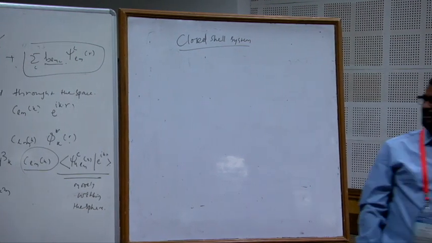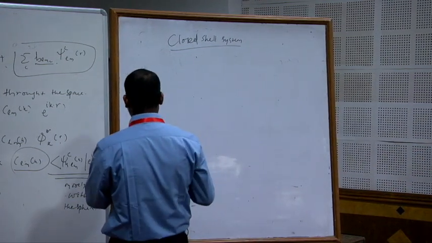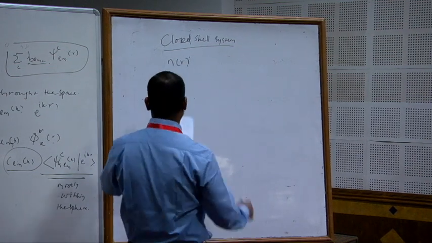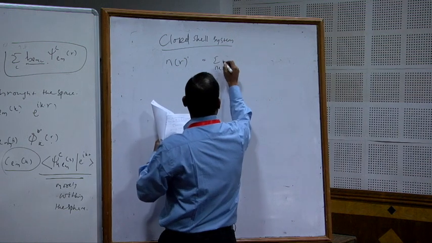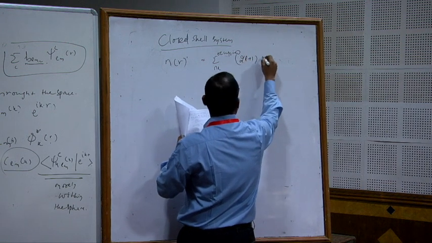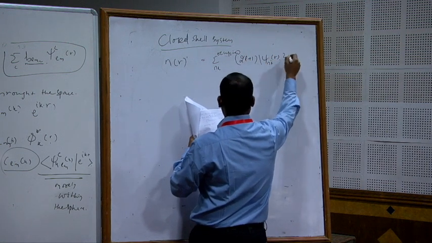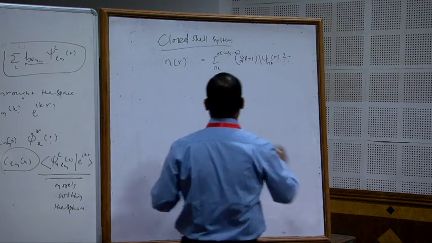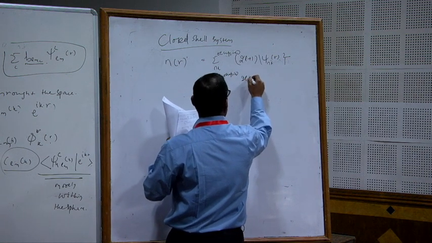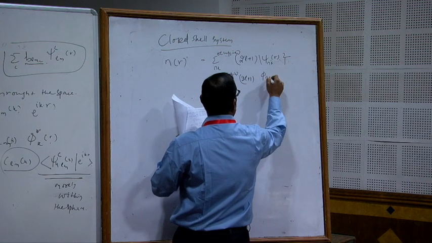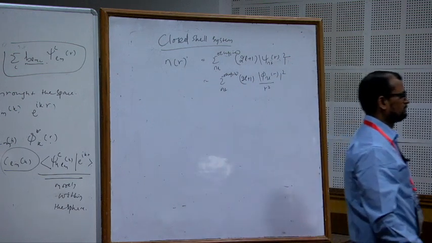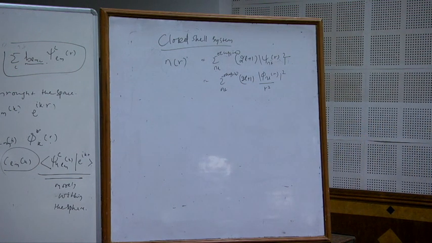Assume that all the states are occupied, then your charge density n(r) is nothing but the sum over all occupied (2l+1) |psi_nl(r)|^2, or you can write it as a summation over occupied nl of (2l+1) |phi_nl(r)|^2. Why did this 2l+1 come into the picture?